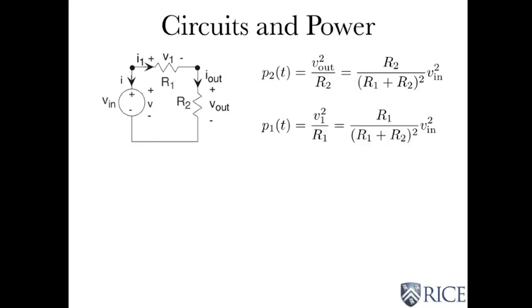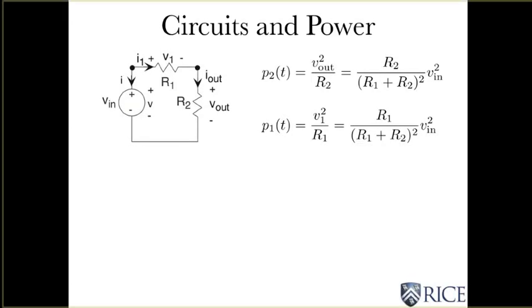I think that's pretty easy to see. Because these are positive valued powers, right? Resistors are always positive valued, and we're squaring the voltage coming in. It turns out that means these two resistors dissipate power. They consume it. Well, it has to come from somewhere.